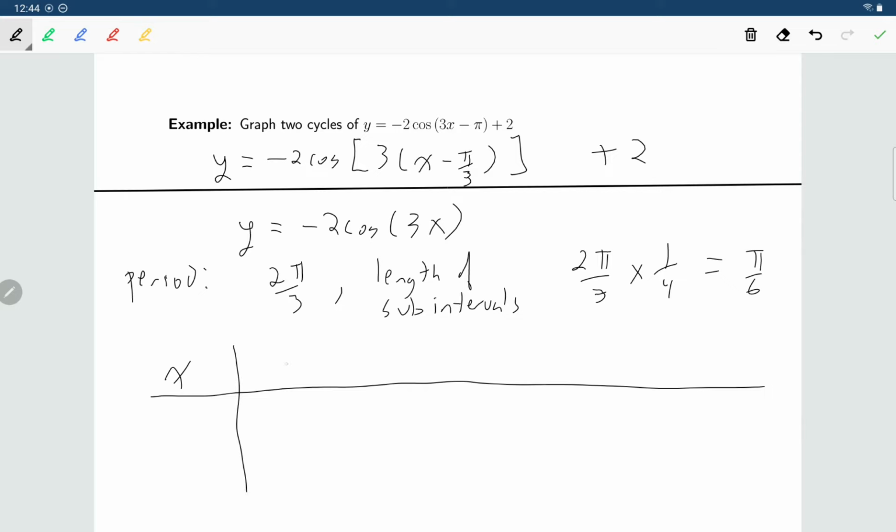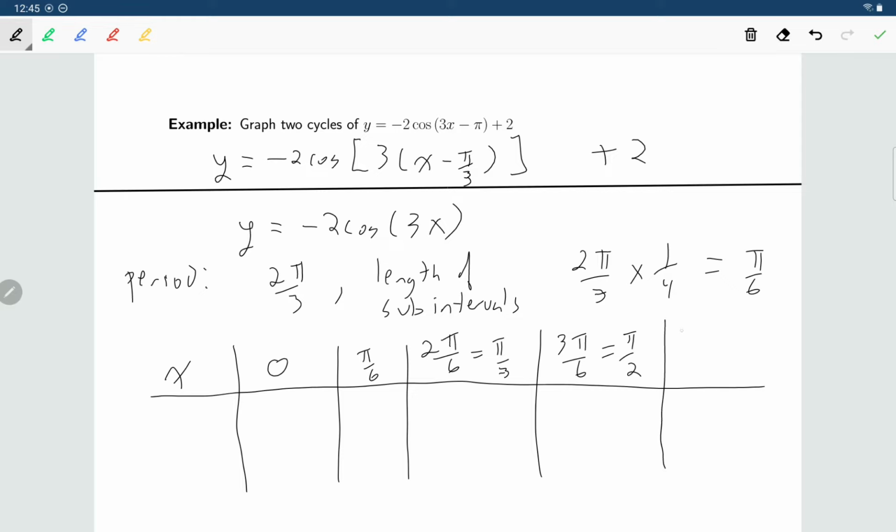And so for our x values, starting at 0 and going up by pi over 6 each time, we have 0, pi over 6, 2 pi over 6, which is the same thing as pi over 3, 3 pi over 6, which is the same thing as pi over 2, 4 pi over 6, which is the same thing as 2 pi over 3. And there we go. Those are all of our x values. And our y values, starting with -2, then 0, then 2, then 0, then -2.